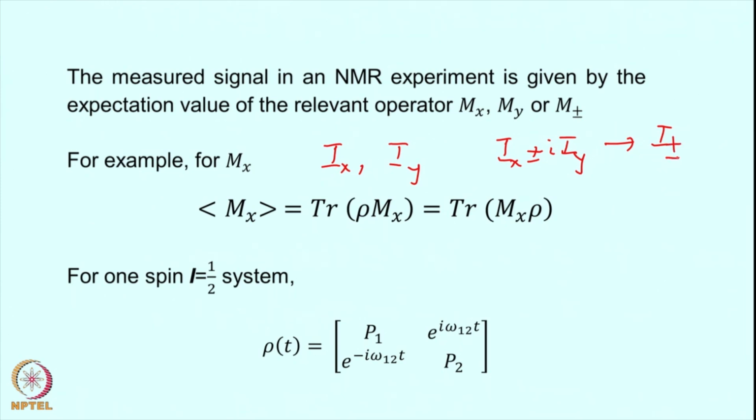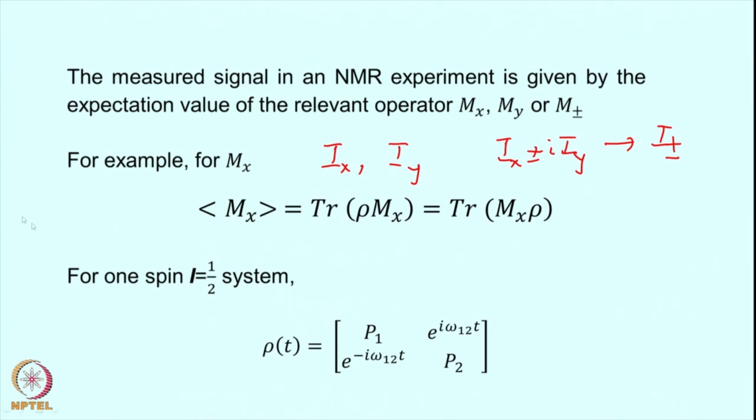Okay. So, for convenience I have used here mx to say it is magnetization, but earlier I used the nomenclature Ix and Iy. These are the operators Ix and Iy which represent the transverse magnetization components, the X and the Y components.